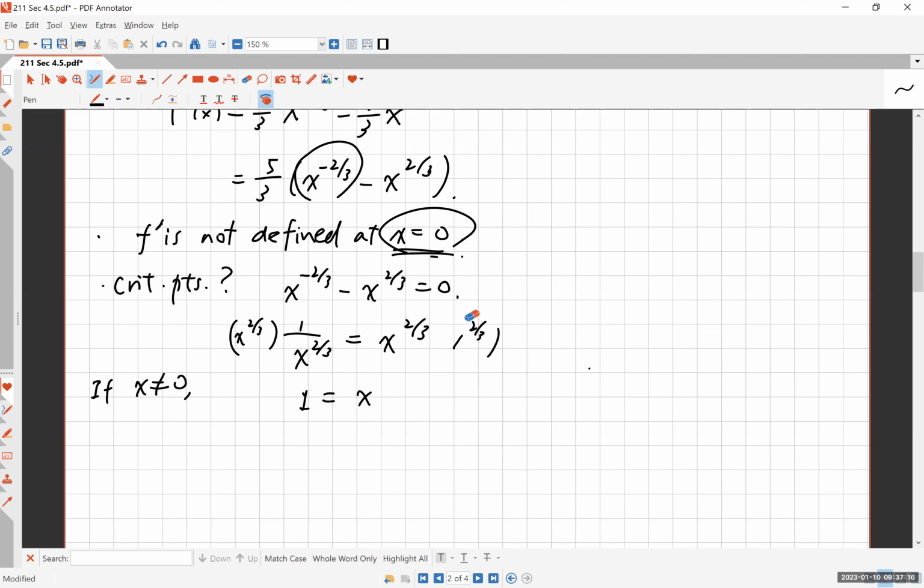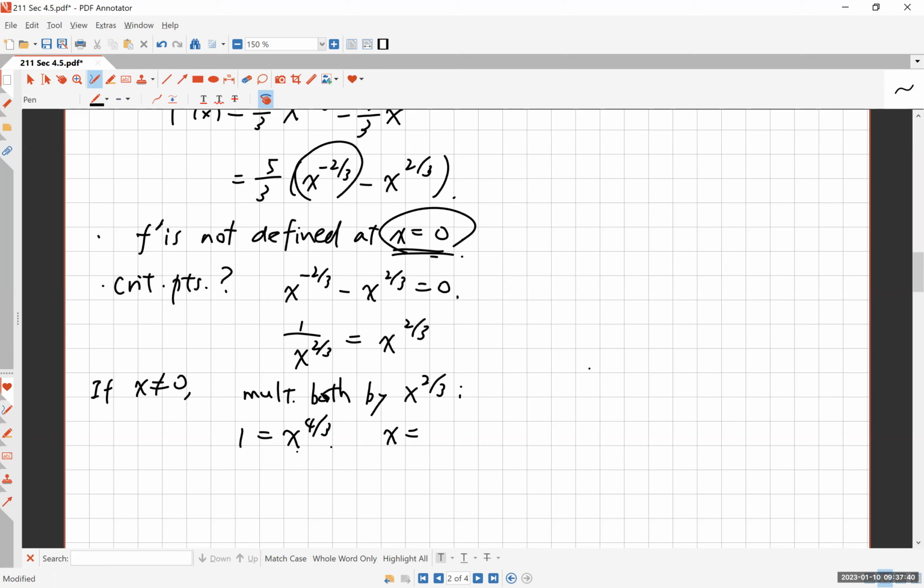Okay, and now I'm not going to write this because it becomes confusing. Maybe I should write it down. All right, so if x is not 0, multiply both sides by x to the 2/3, and you get 1 is equal to x to the 4/3.